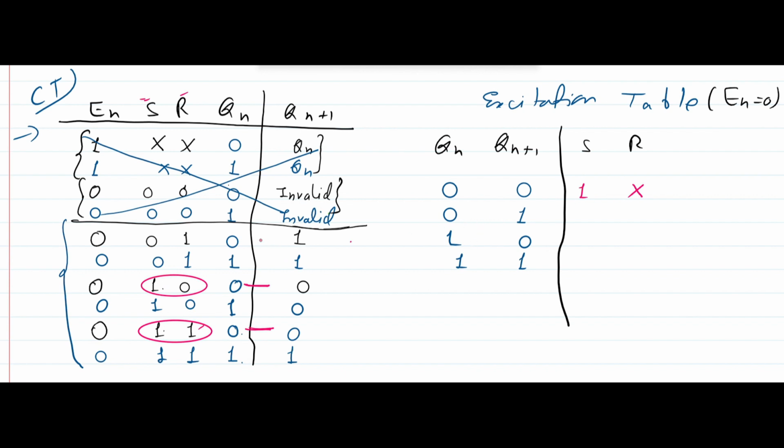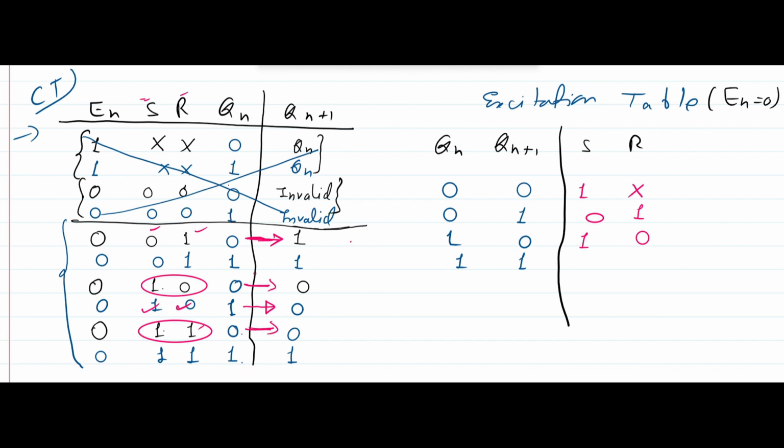Next is 0 1. So 0 1 happens here only. For this 0 1, S is 1, R is 0. Then 1 0 is at this place only, and here S is 0 and R is 1, so it is 0 1.